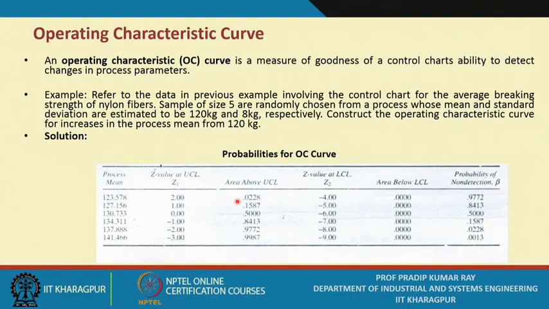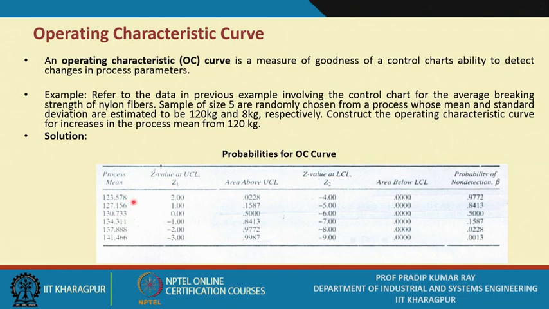So this is just one computation. This process parameter may assume other values like say 130, 140, 135 and so on. So against all such possible values which a process may have due to various reasons, what is the corresponding probability of making type 2 error? So this is just an example we are giving. This way we get the different values of beta, and beta values are plotted against several values of theta.